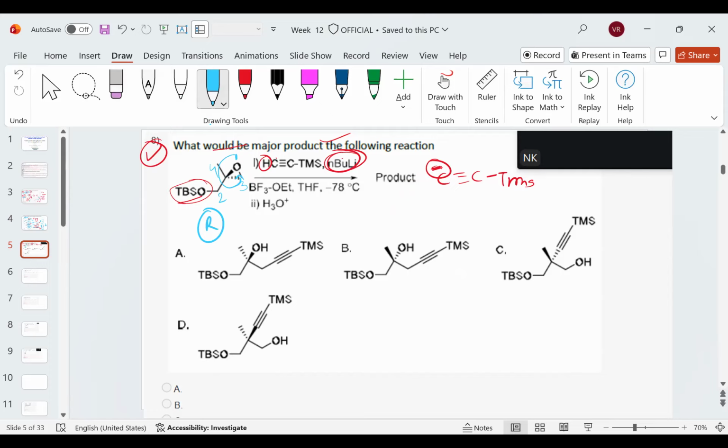Then in the product, if I give the numbering to all, you can see here one. Now here the numbering changes, one, two, three, and the fourth. These four are directing downwards.